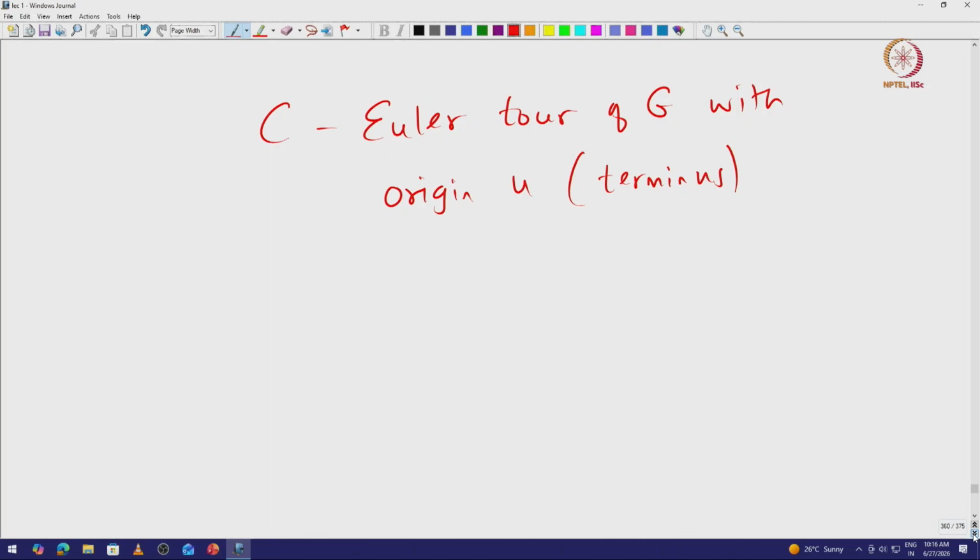So, this is what we have in the graph G. Now if we have such an Euler tour in G, what happens? Suppose V is some internal vertex.